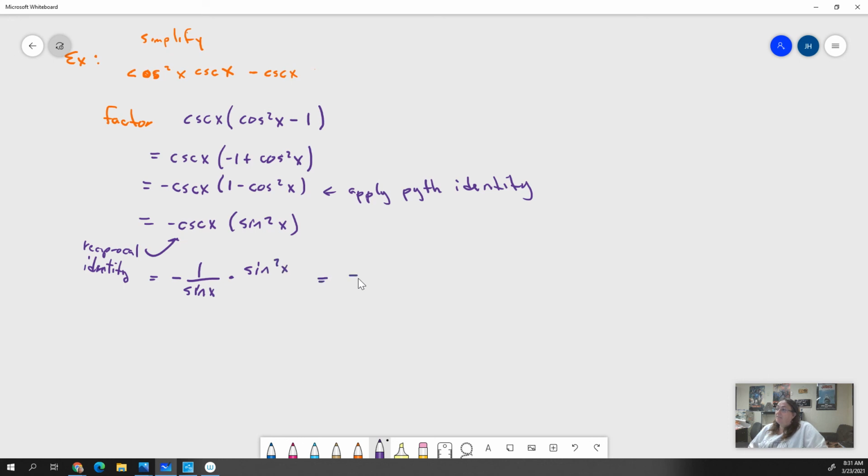And if we look at that, that's going to be negative sine squared of x over sine of x. And that is going to cancel one of these out, and I'm going to be left with negative sine of x, because here I have 2 sines of x, and here I have 1, and 1 will cancel the other out, and I'll be left with negative sine of x.